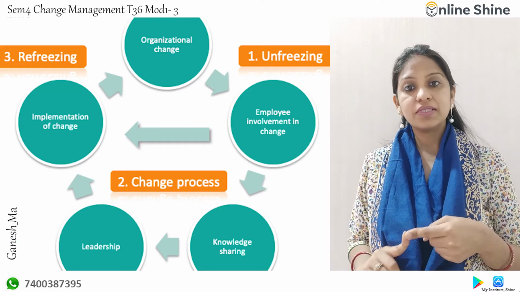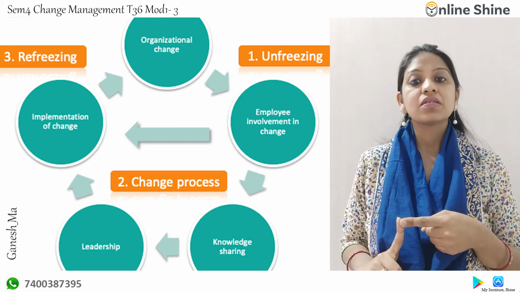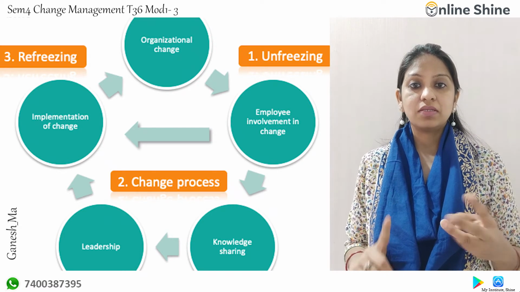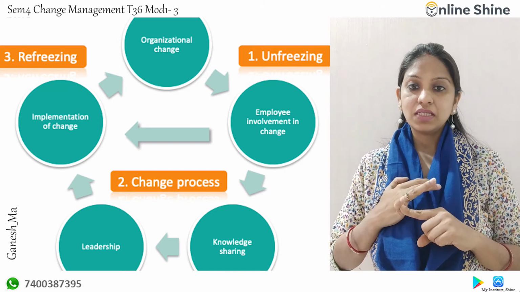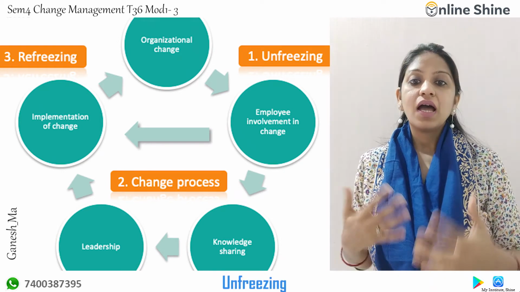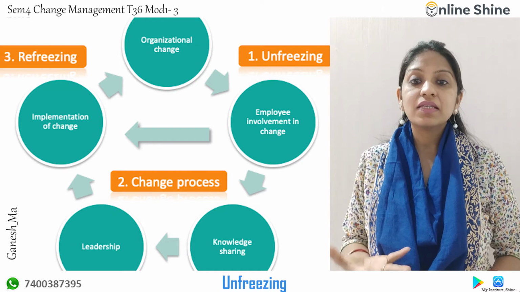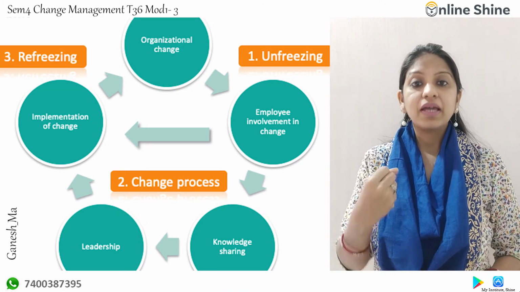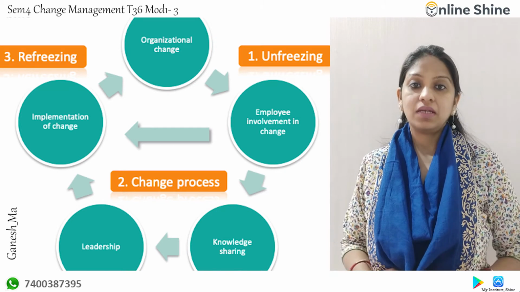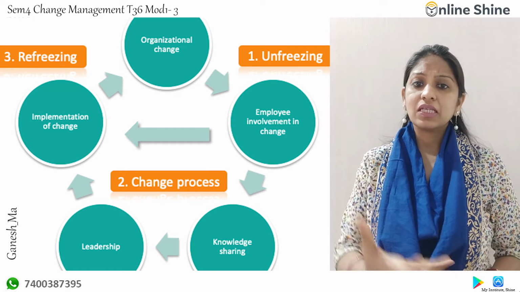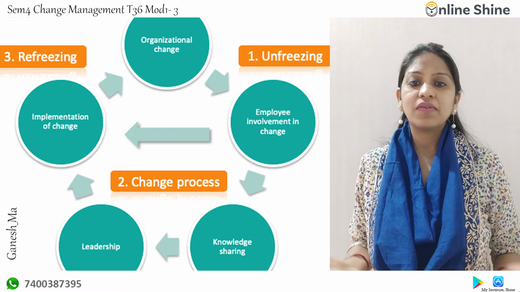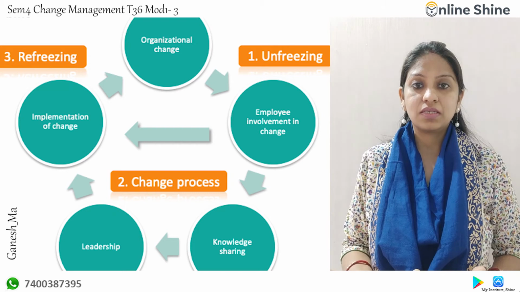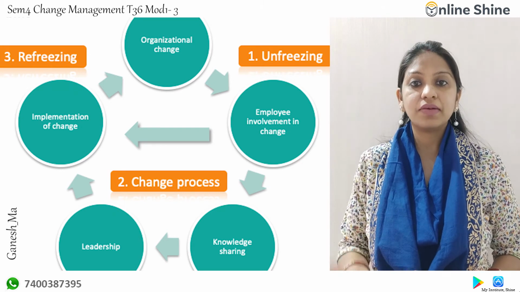So number 1, we have seen the Lewin model, which sums up its model in 3 points: unfreeze, changing, refreezing. Unfreeze means recognize the need for change, that what it is, right? Then determine what needs to be changed in the organization and encourage the replacement of old behaviors and attitudes, because you are going to bring the new change. So this was the unfreeze.